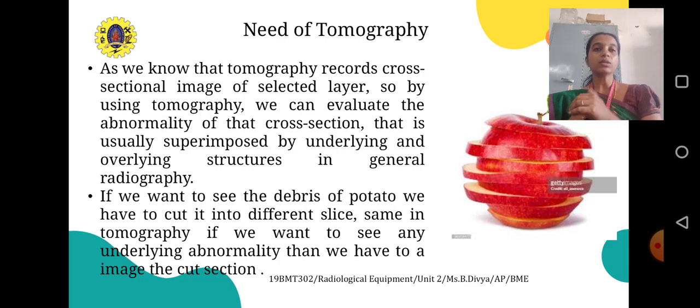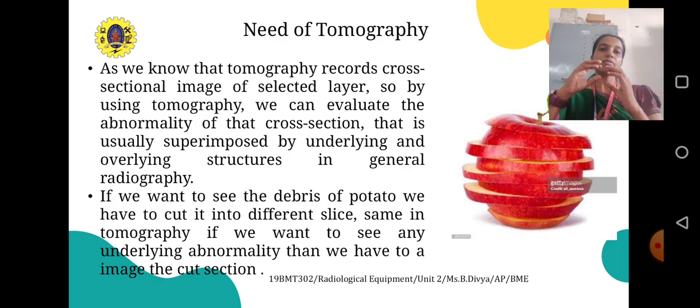As we know, tomography records cross-sectional images of a selected layer. So by using tomography, we can evaluate the abnormalities of that cross-section, which is usually superimposed by the underlying and overlying structures in general radiography.